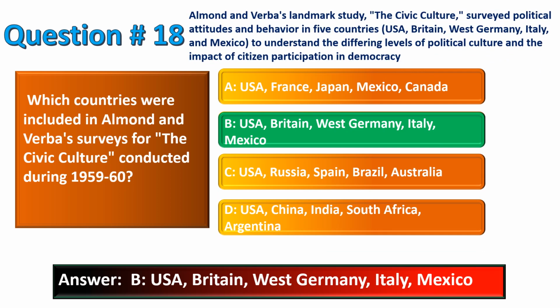Almond and Verba's landmark study, The Civic Culture, surveyed political attitudes and behavior in five countries: USA, Britain, West Germany, Italy, and Mexico, to understand the differing levels of political culture and the impact of citizen participation in democracy.